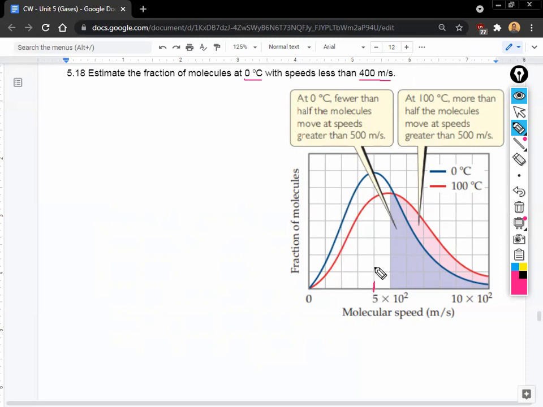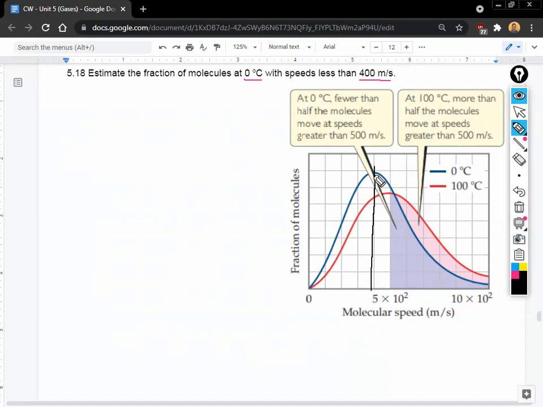I want you guys to just kind of eyeball, estimate, right? What percentage of the molecules at 0 degrees, 0 is this blue one right here, what percentage of them are moving at less than 400 meters per second? So it's the blue one.